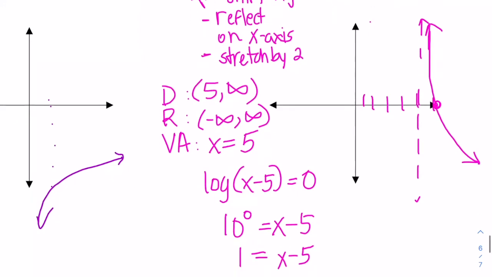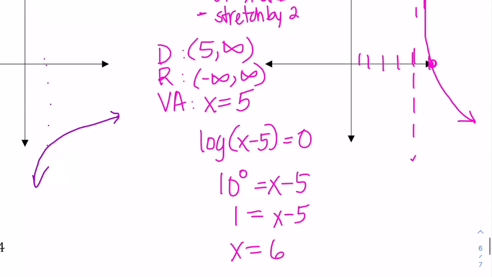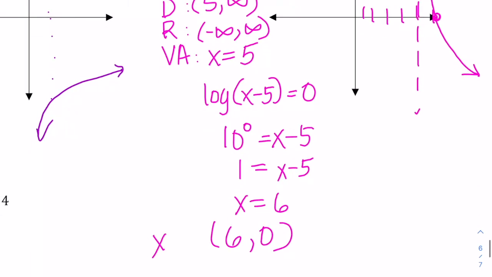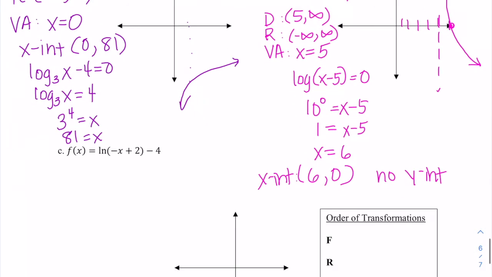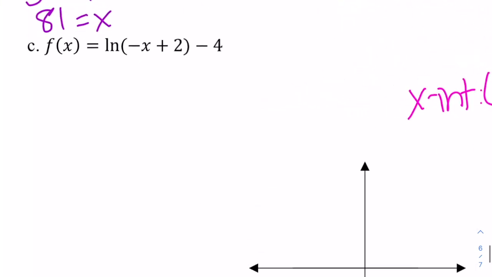And you can see that the x-intercept is going to be 6. And there's no y-intercept here because of that asymptote.